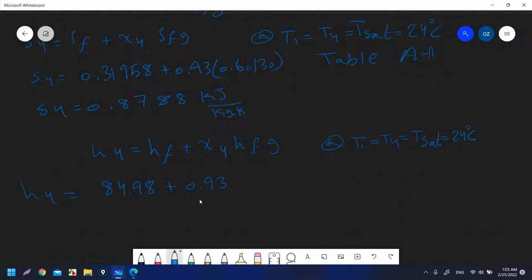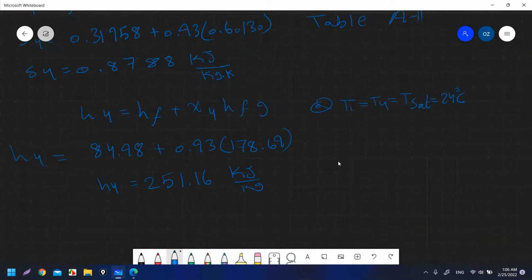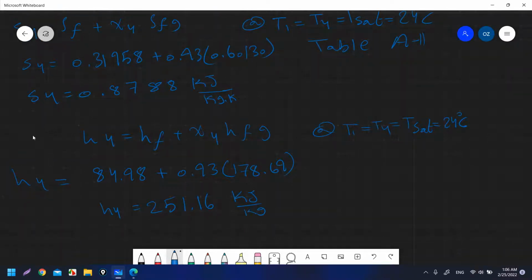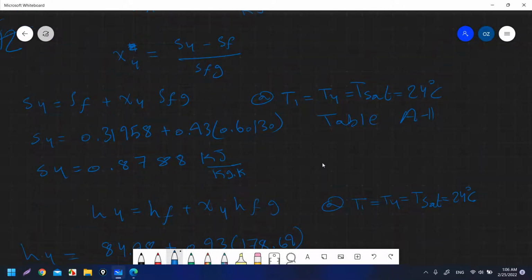As you can see, HF 84.98 is the same as H1, because for both of them we used the saturation temperature. So this gives you an indication that your solution is right, or that you took the right number from the table. HFG is 178.69, so H4 will be equal to 251.16 kilojoule per kilogram.